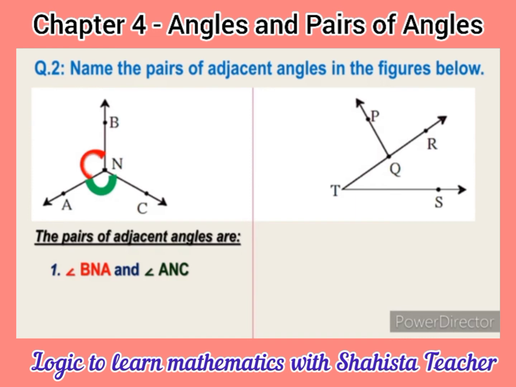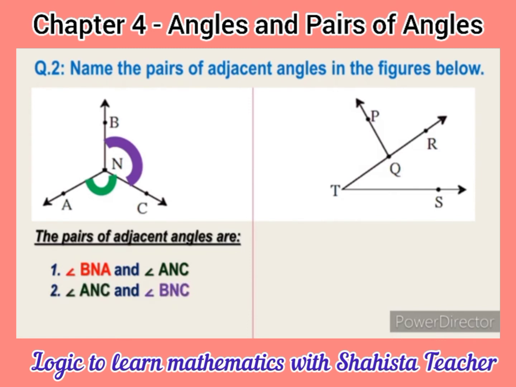Now angle A and C, you can write like this, A and C and angle B and C. See the green color portion, A and C and angle B and C.